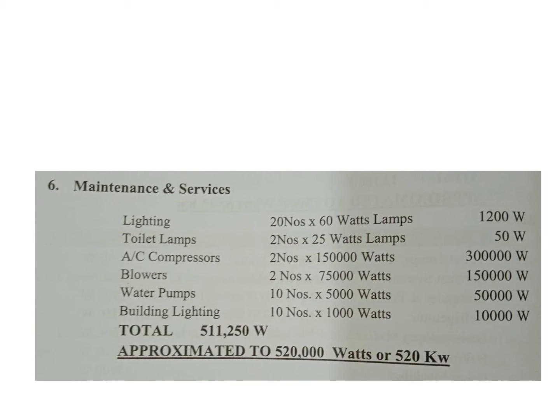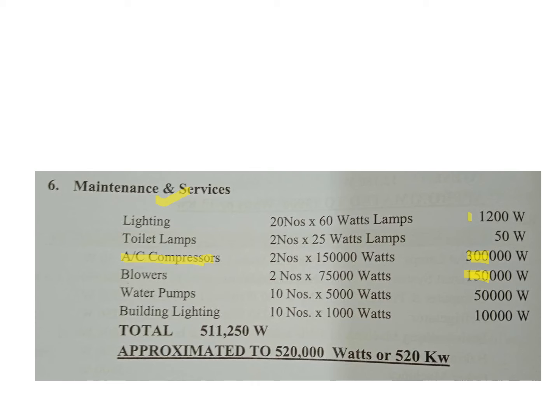Maintenance and services. Here you have got huge loads. You have AC compressors. This is the biggest one. This is 300 kilowatts by itself. Your AC compressors, and you have blowers. Blowers are basically for your cooling systems and your exhaust systems. You have 150 kilowatts over here. Right? Lighting is relatively not too much for maintenance services.